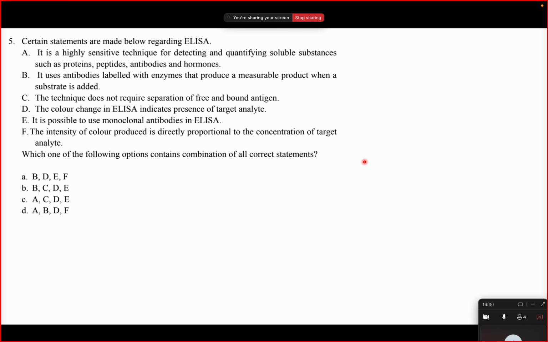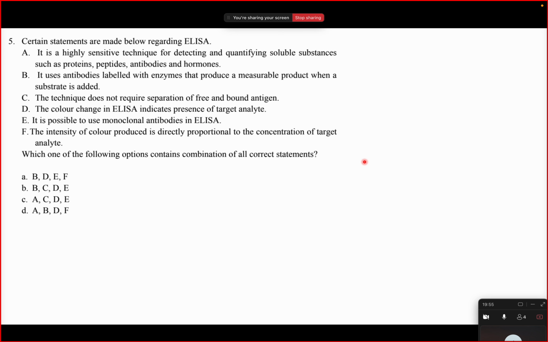Certain statements are made below regarding ELISA. Statement A is, it is a highly sensitive technique for detecting and quantifying soluble substances such as proteins, peptides, antibodies, and hormones. B, it uses antibodies labeled with enzymes that produce a measurable product when a substrate is added.